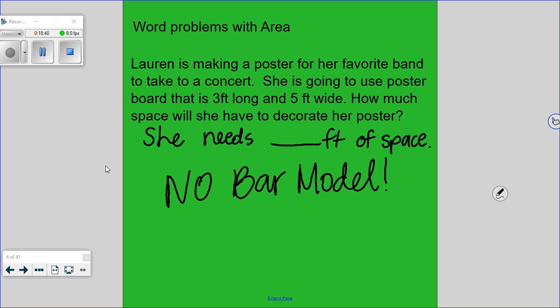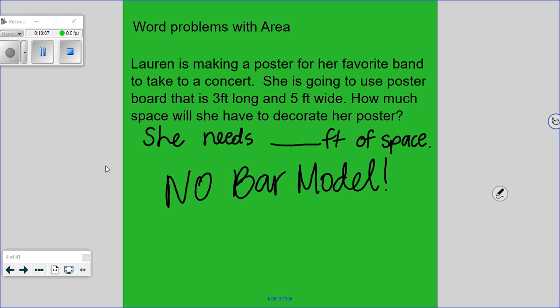Is my poster a triangle? No. How do you know? Aiden, how do you know? Because some triangles don't have equal length and width.